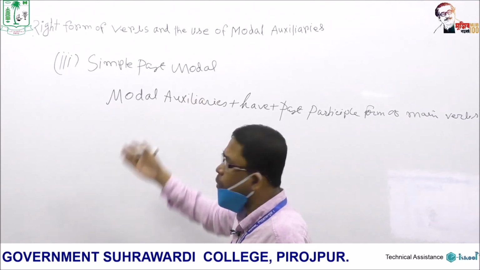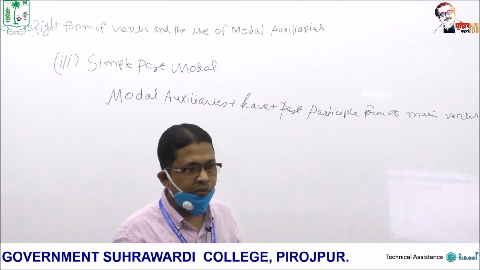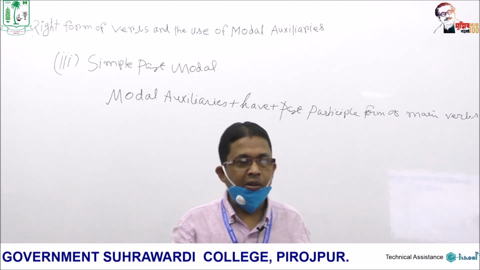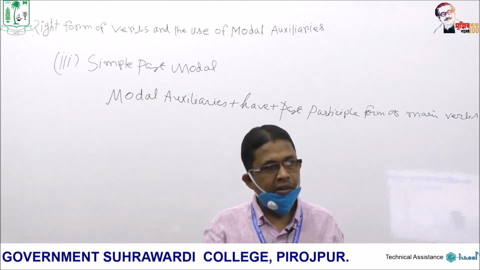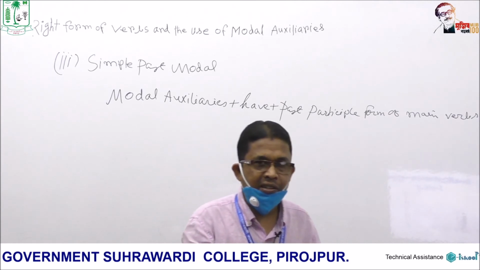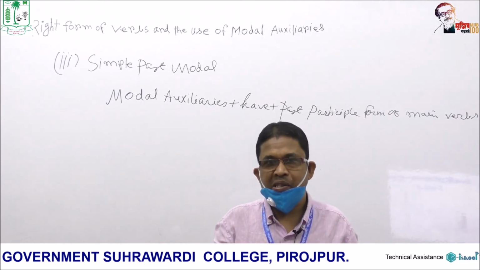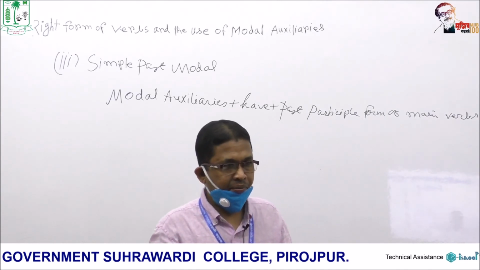That is, any of the modal auxiliaries we discussed in our first class. The total number of modal auxiliaries is 10, and some grammarians say 15, and some others say their total number is 18.